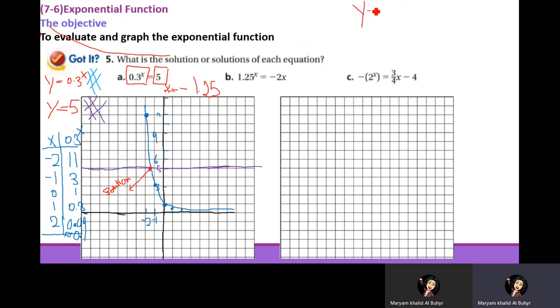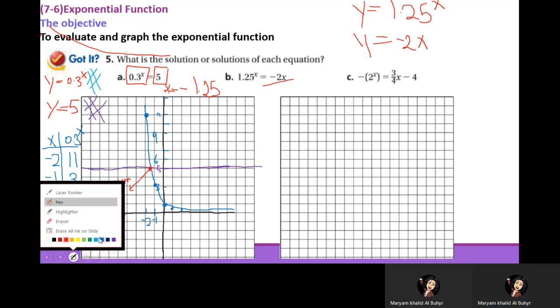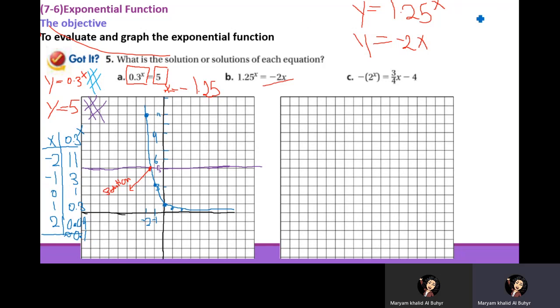Y is equal to 1.25 to the power x. Then take the other part, y is equal to -2 to the power x. Let me graph each one of them alone. Again, I will graph the first one by using blue, the second one by using another color.